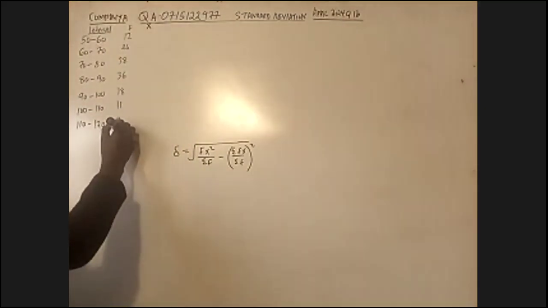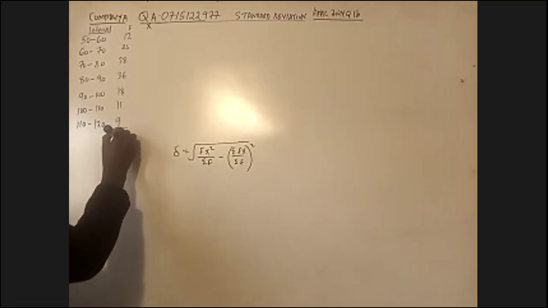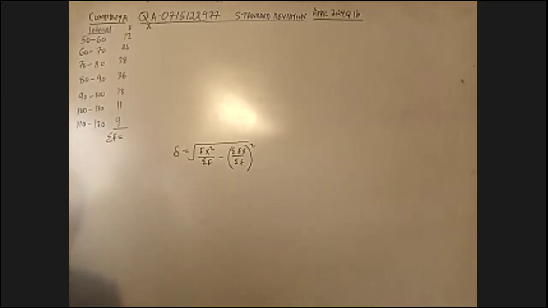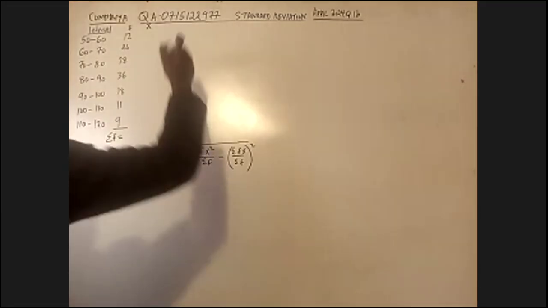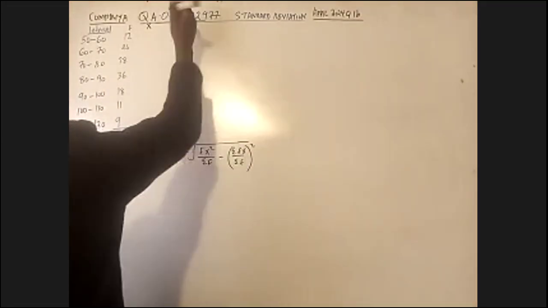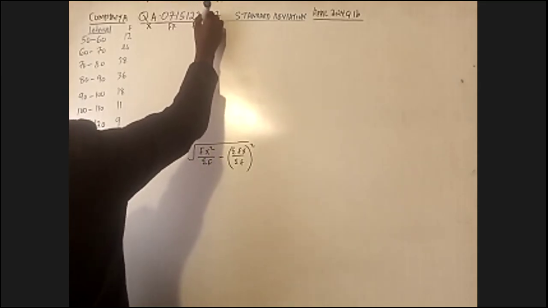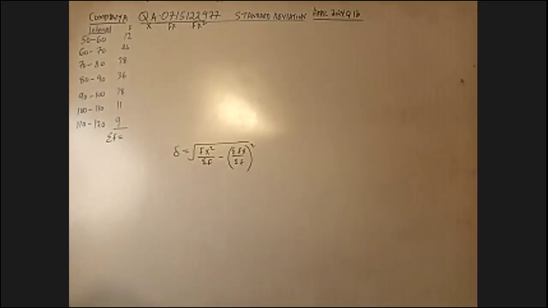We also need our summation of fx and summation of f. Once we get our x, we need fx, then we finish with fx squared. I think that one will be enough to answer that question.